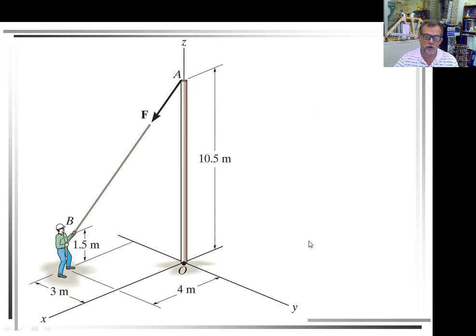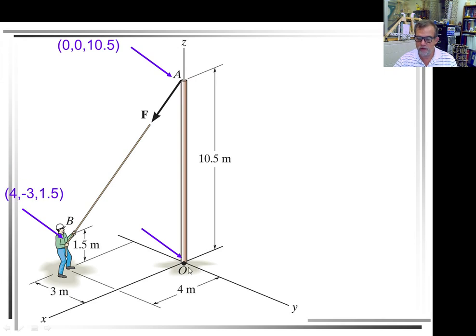In order to do that, we need the coordinates of these points. Coordinates of this point, 0, 0, 0. Coordinates of this point, 0 in x, 0 in y, 10.5 in z. Coordinates of this point, 4 in x, 3 in y, 1.5 in z. And this one, 0, 0, 0.